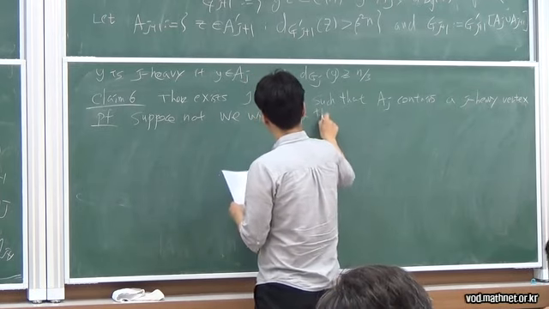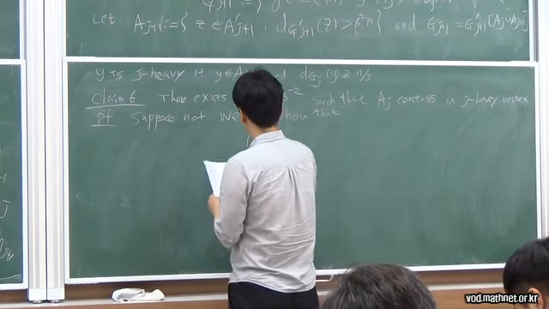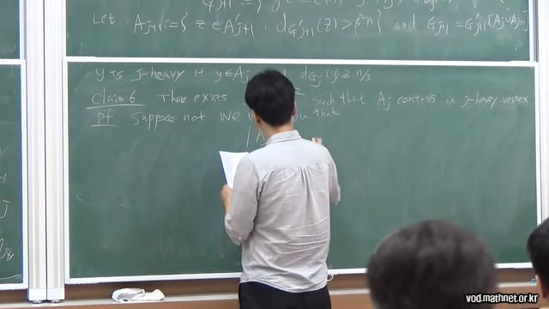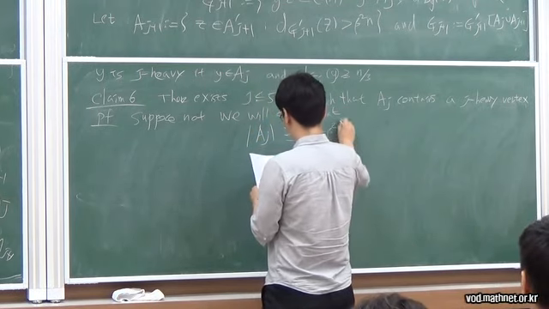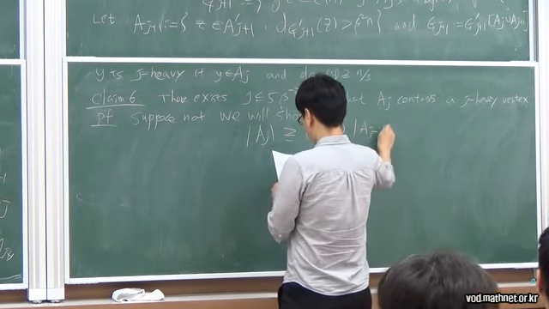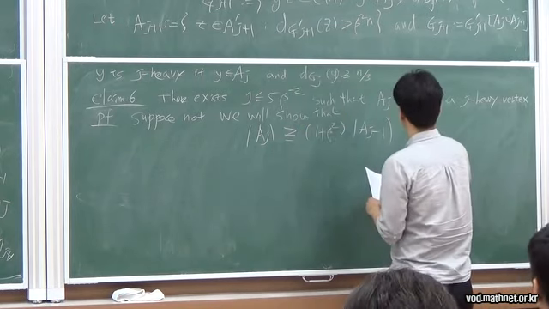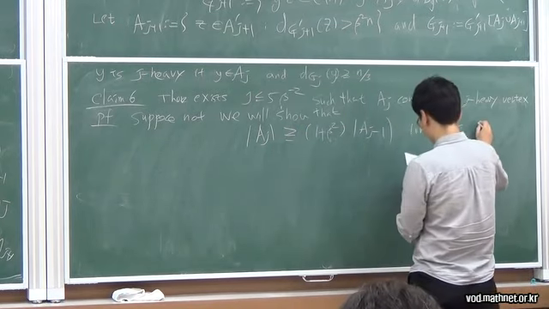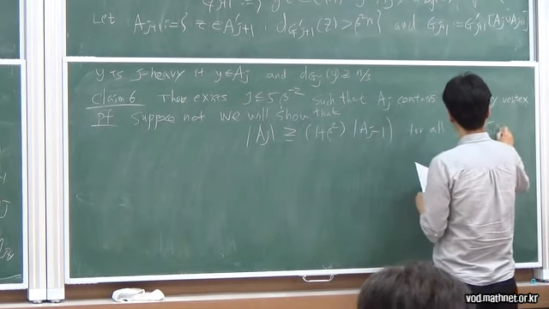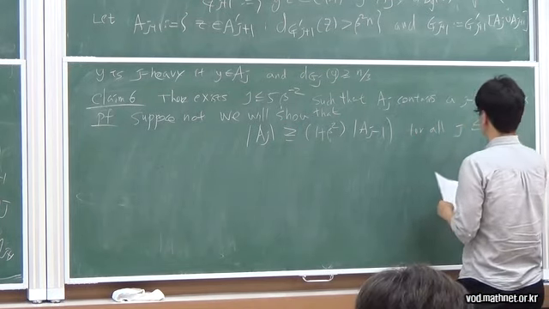We will show that A_J is bigger than (1 plus beta square) A_{J minus 1}, for J at most 5 times beta to the negative 2.